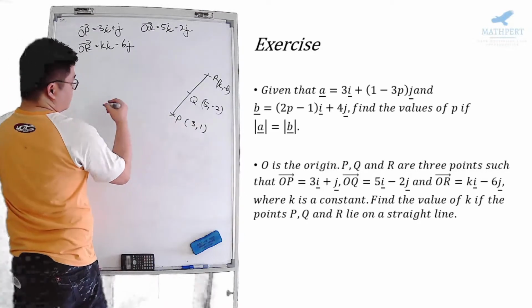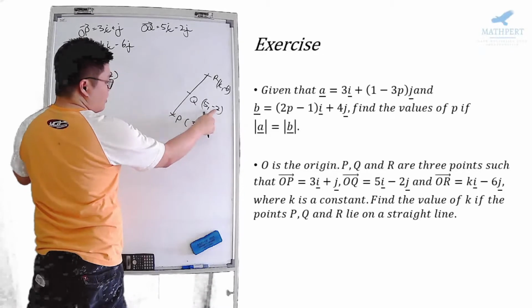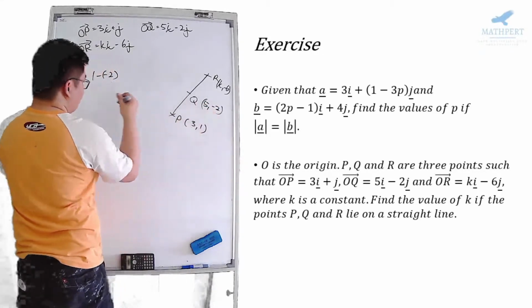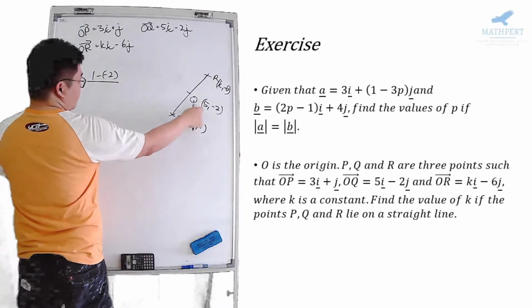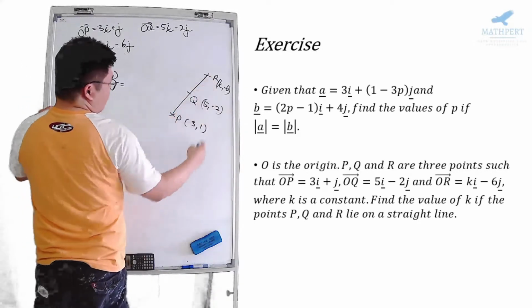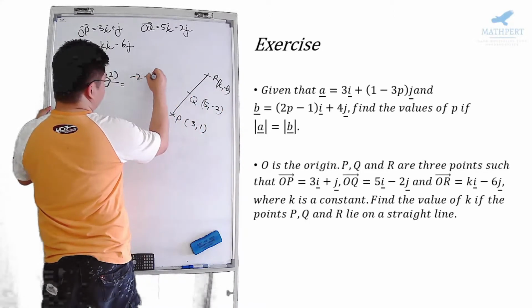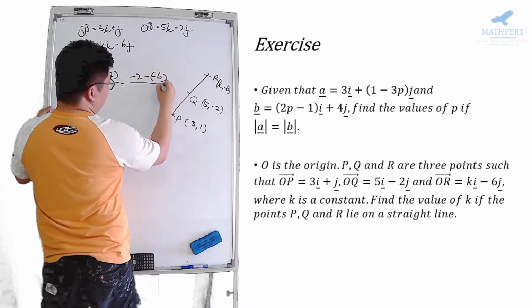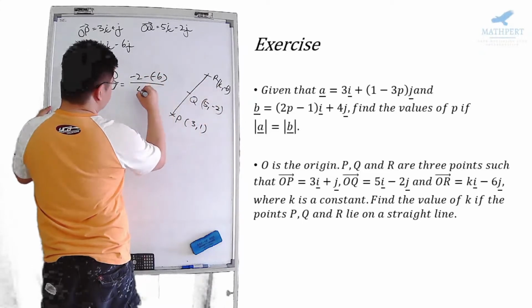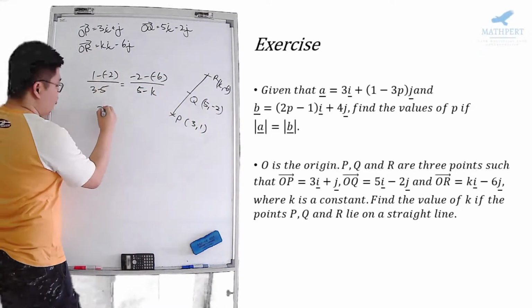So the gradient is 1 minus negative 2 over 3 minus 5, which is equal to the gradient of QR, negative 2 minus negative 6 over 5 minus k. 1 minus negative 2, I get 3.